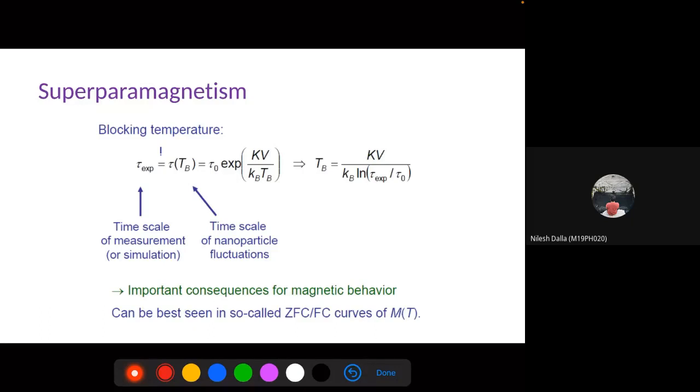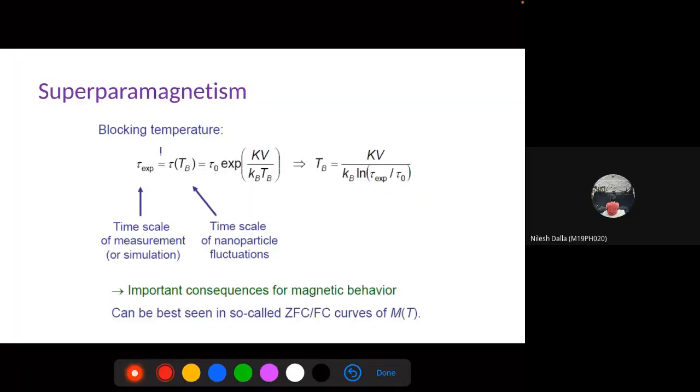So will the thermal fluctuation occur for the entire temperature range, or is there some temperature range where the thermal fluctuation will be there, and for some temperature range it may not be there? Because again, as we saw, this delta E should be of the order of kBT.